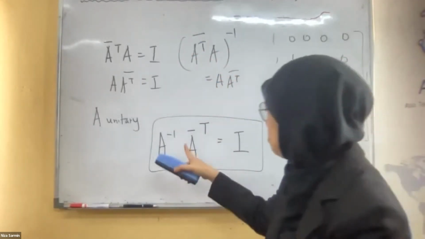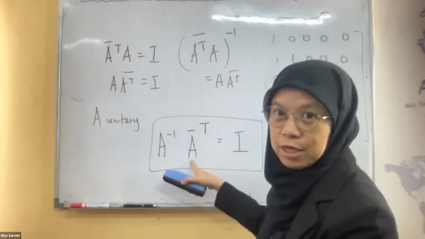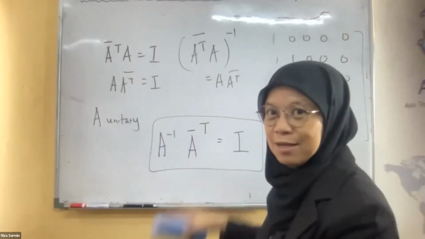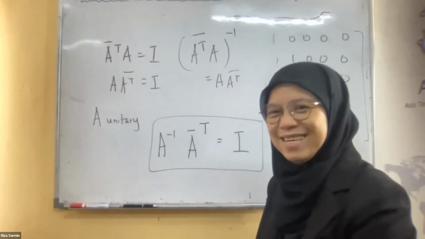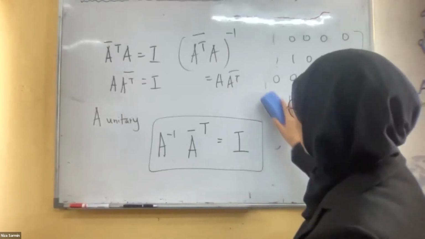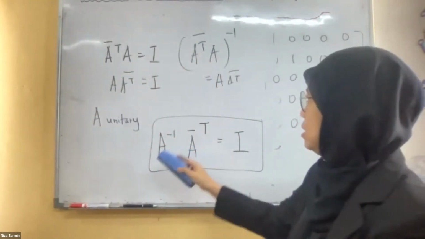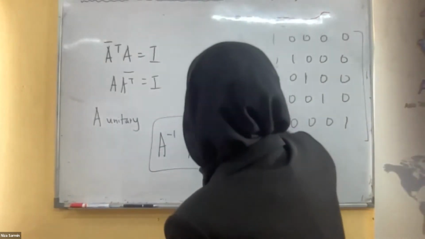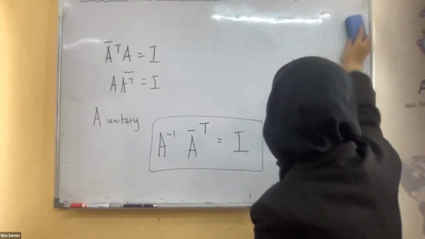This is the product of the inverse with the transpose conjugate. This is a very good question actually. Itu soalan test je, dah tak boleh bagi. Okay, so this is the inverse of the product. We want the product of the inverse. Okay, now you have to show this.